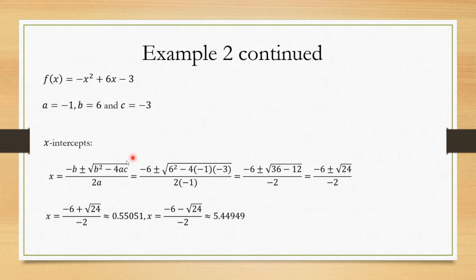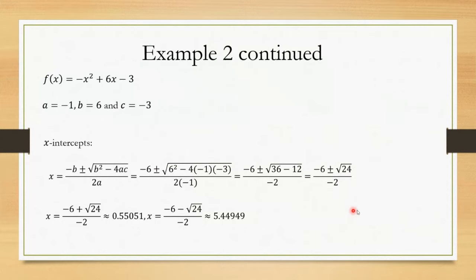I'm substituting. Now we calculate. We get -6 plus or minus the square root of 36 minus 12, because we have -1 times -3, that's 1 times 3 times 4, which is 12.